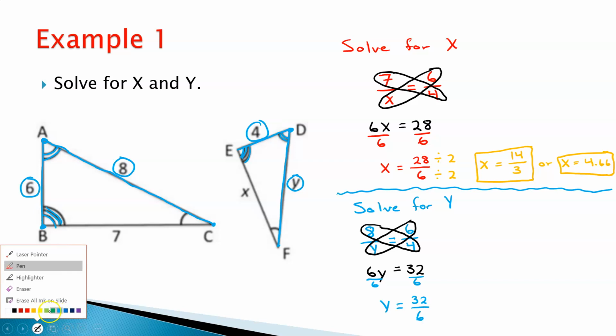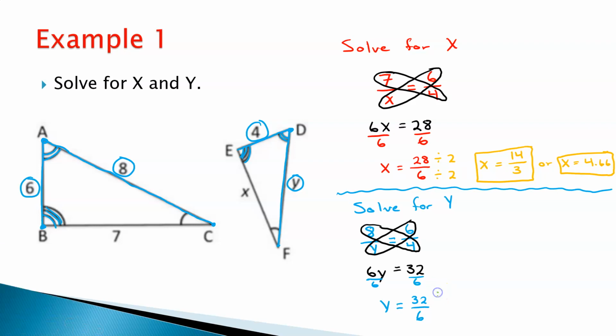Let's go ahead and simplify that fraction. It looks like I can simplify top and bottom by just 2. So y is equal to 32 divided by 2, which gives me 16. Spring break really ruined my brain. It's not functioning right now, but we got this.